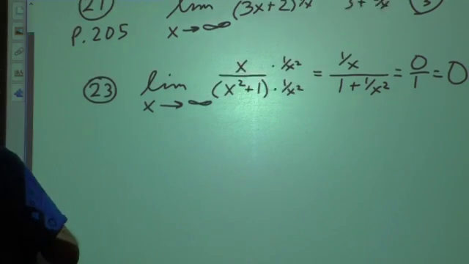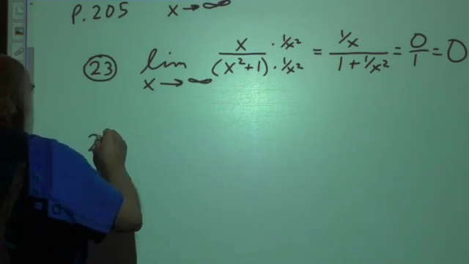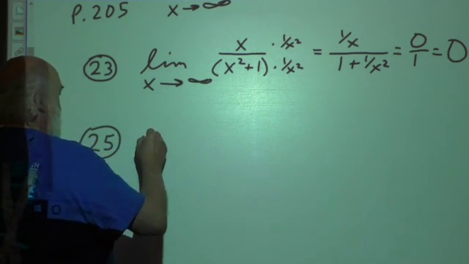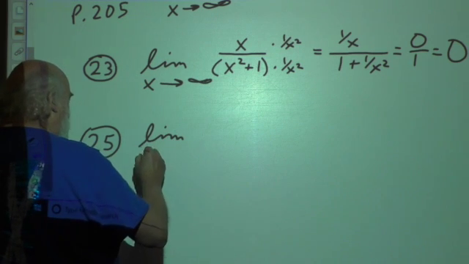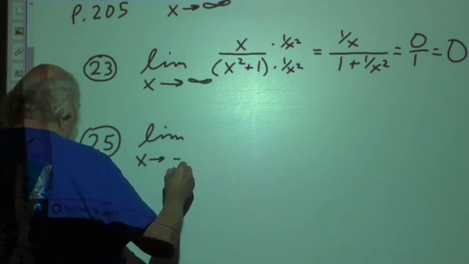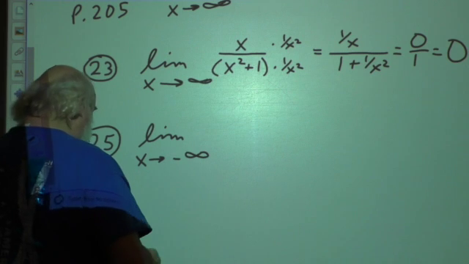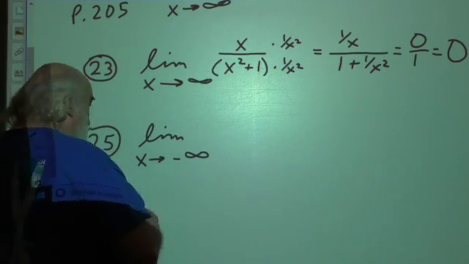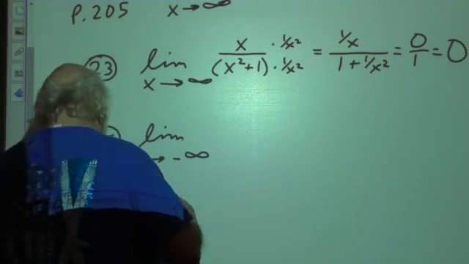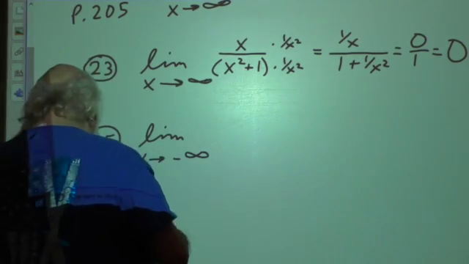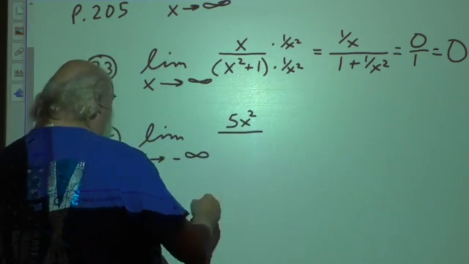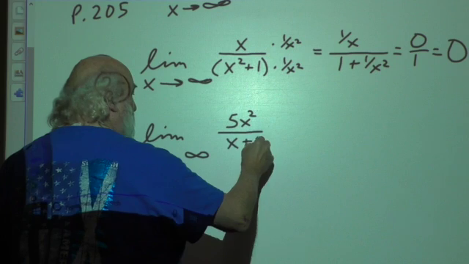Number 25. This is the limit as x approaches negative infinity. Okay, that's going to be important here. But initially it's not going to be important because we're going to calculate the same way we did up here. So this is 5x squared over x plus 3.